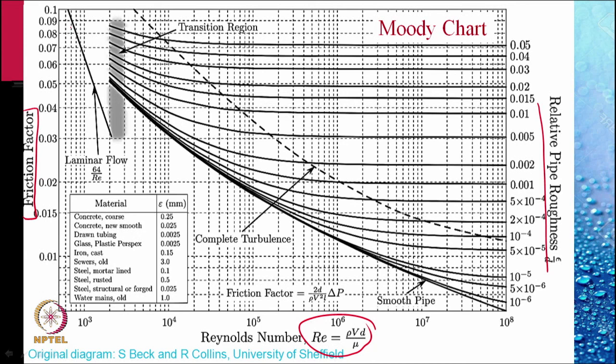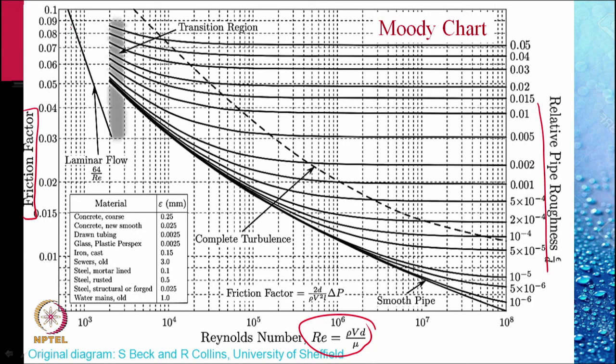This is for laminar flow up to a Reynolds number of about 2000. Then this gray area, to something like 3000, is the transition region, and one is not very sure of what the friction factor is in this region.